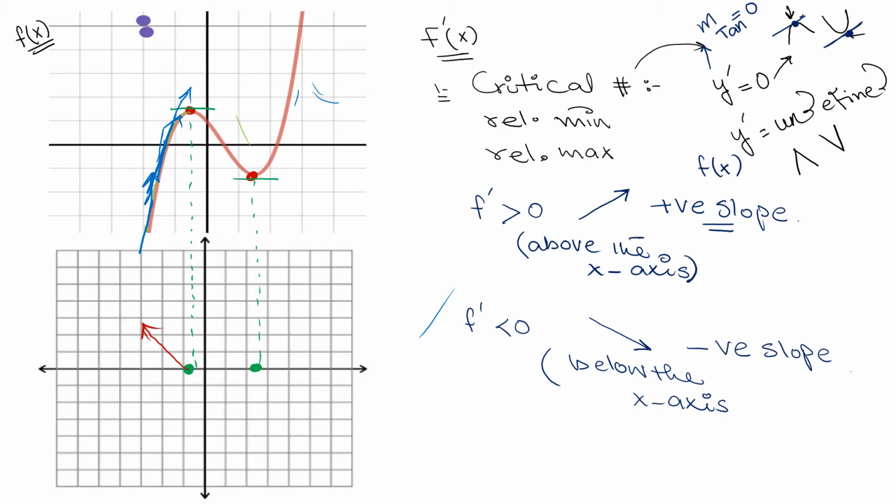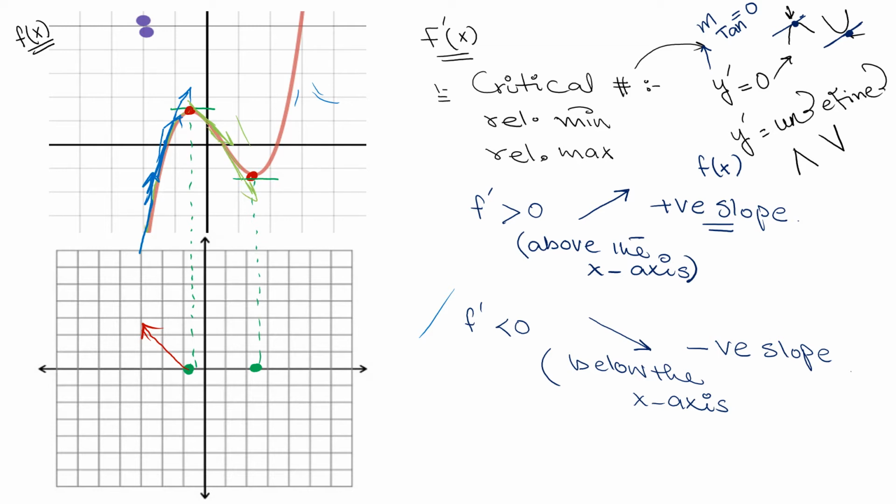Now let's see the second behavior. From the first intercept to the second intercept, what is happening? If I sketch the slope here, everywhere the slope of the tangent line is negative, right?